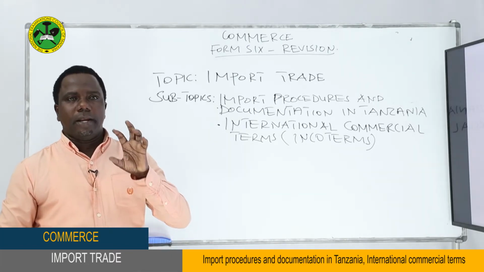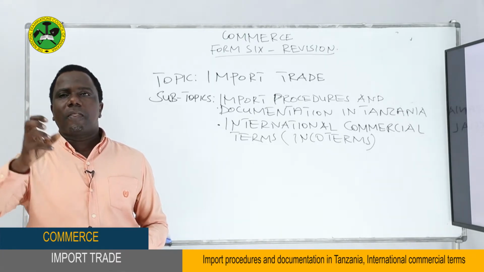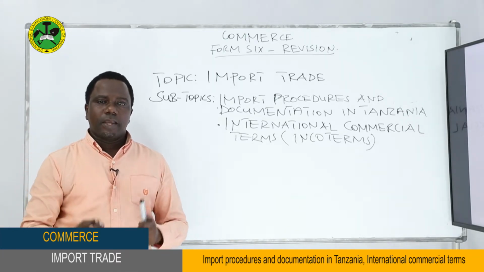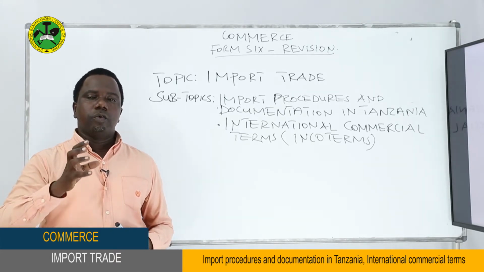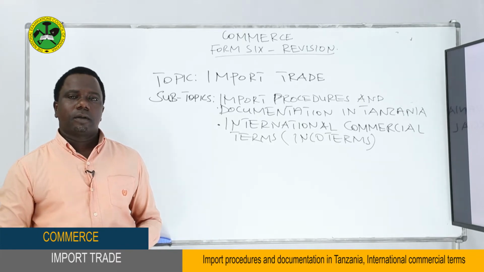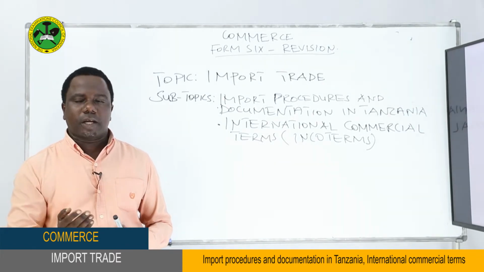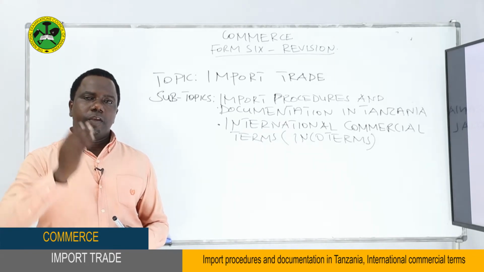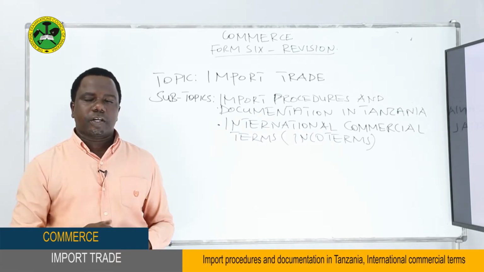So when importers need to buy from other countries, they can buy on their own, or they can use middlemen. Buying by themselves is direct importation, and when they use middlemen, this is indirect importation.